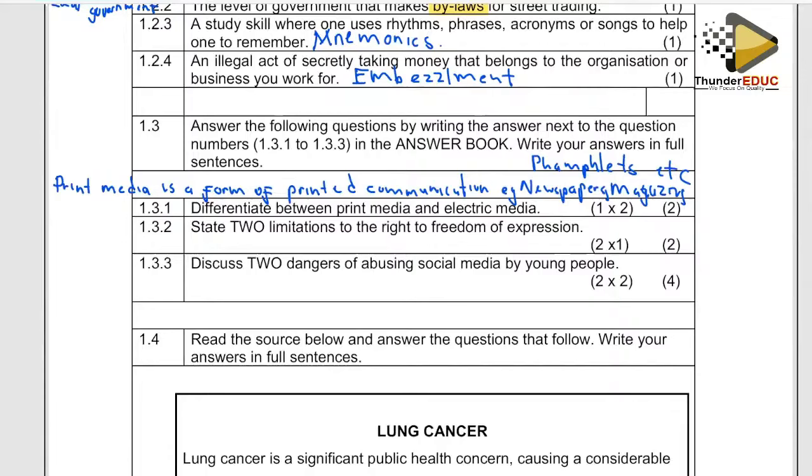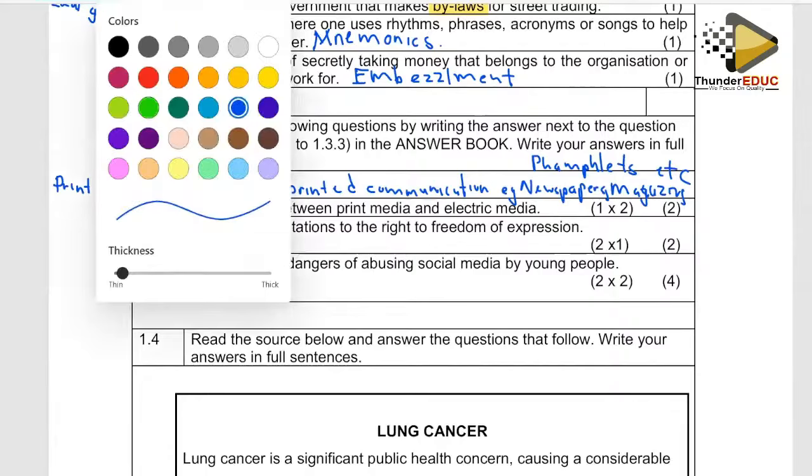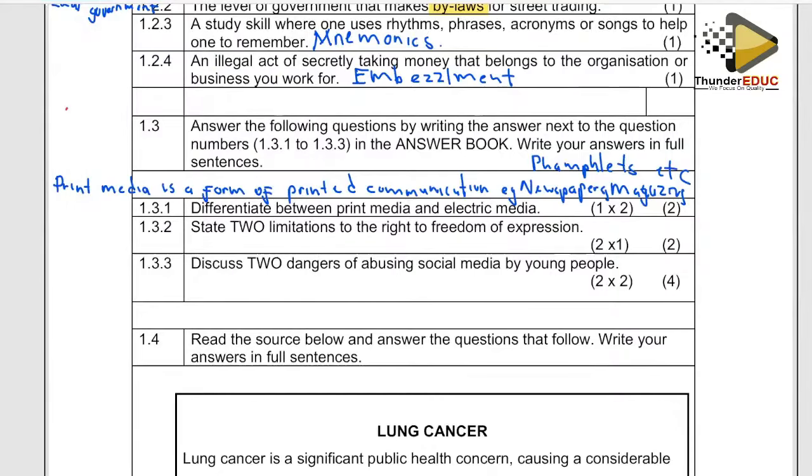Now, moving on to the electronic part of the question. So electronic media uses electronic devices to share information.